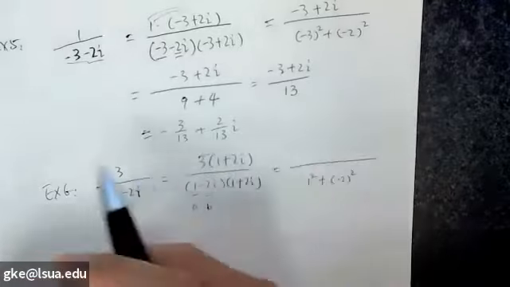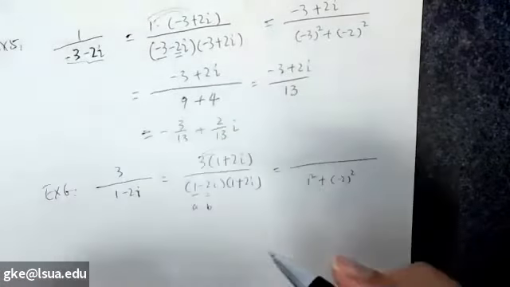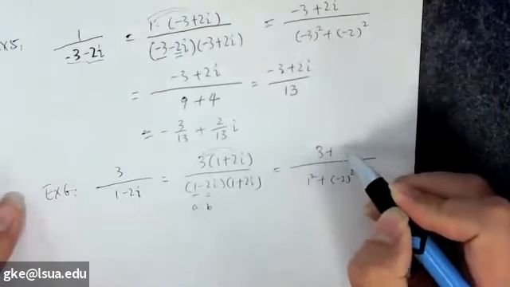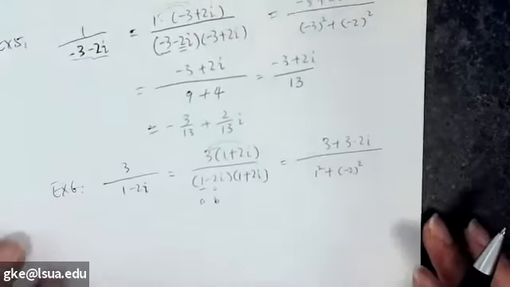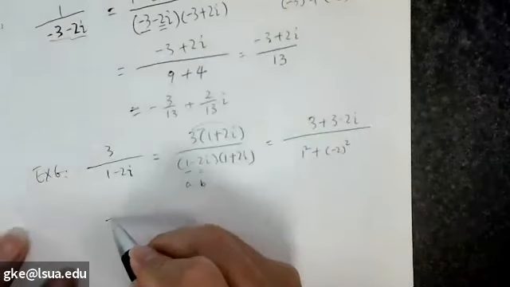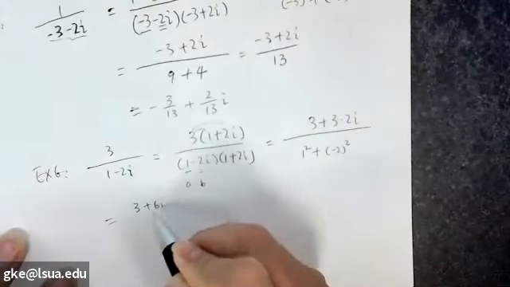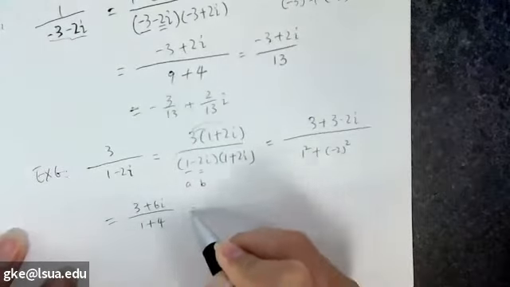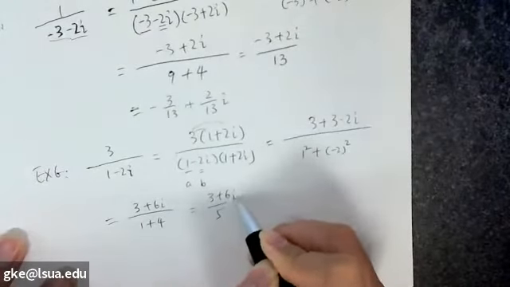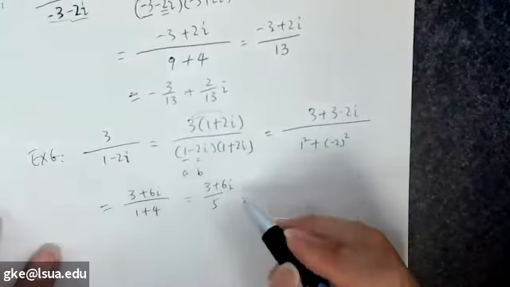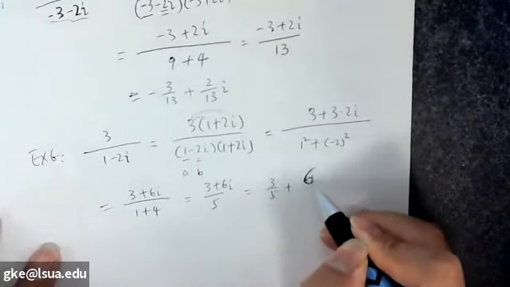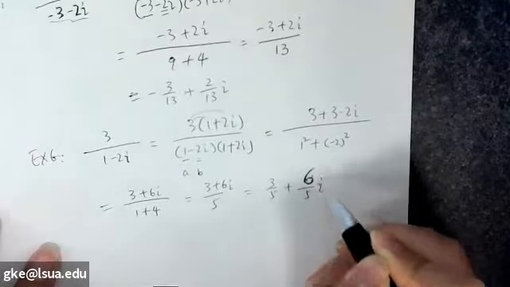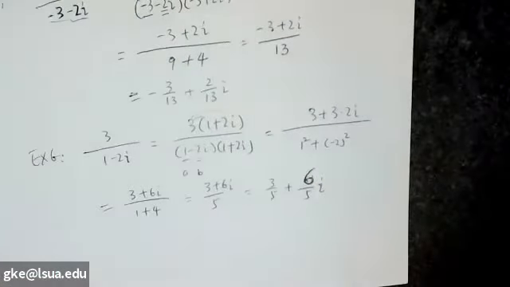And for the numerator, use the distribution. We do it a lot of times, right? 3 times 1, 3 times 2i. And then we got 3 plus 6i over 1 plus 4, which is 5. Then we spread it. Okay, 3/5 plus 6/5i. That's it.